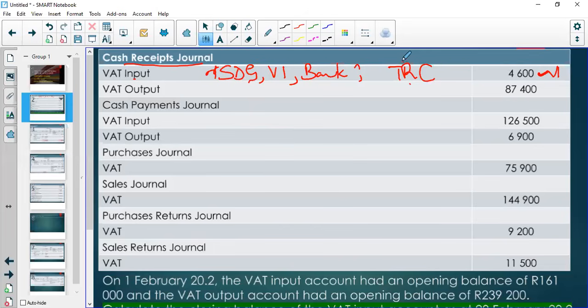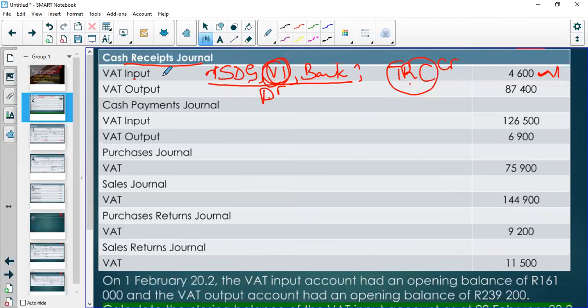So the account to credit is the trade receivables control. The accounts to debit, right? Now, if you're going to put a debit entry in your VAT input, the description will be the account that was credited.